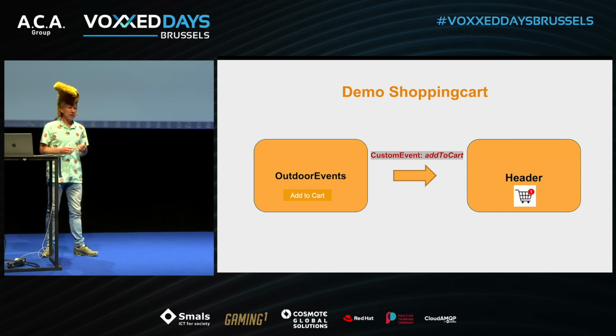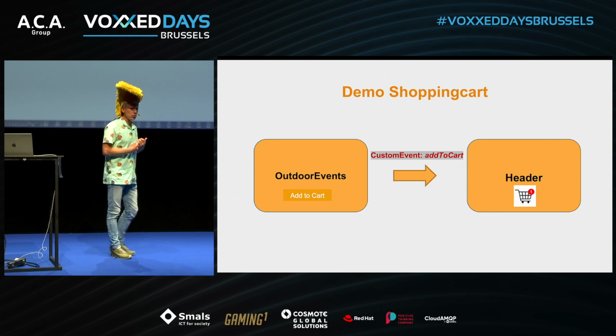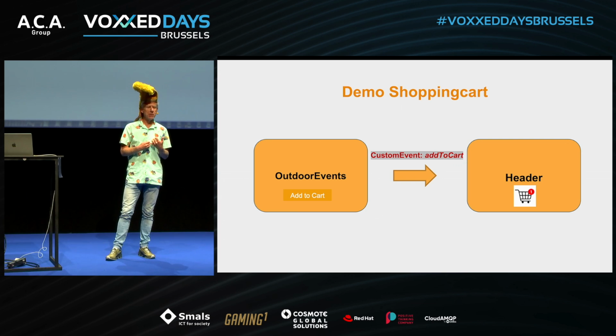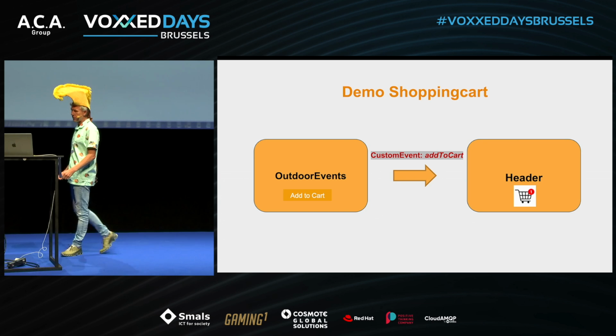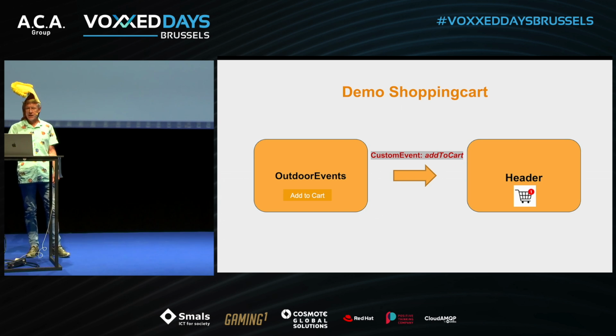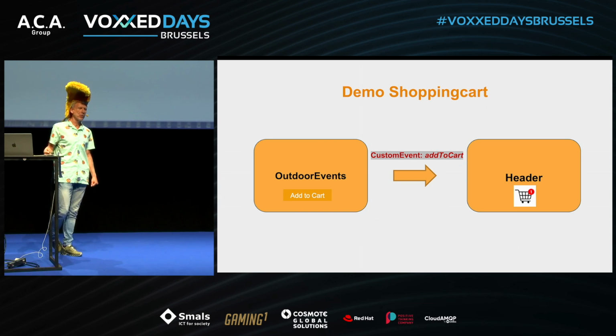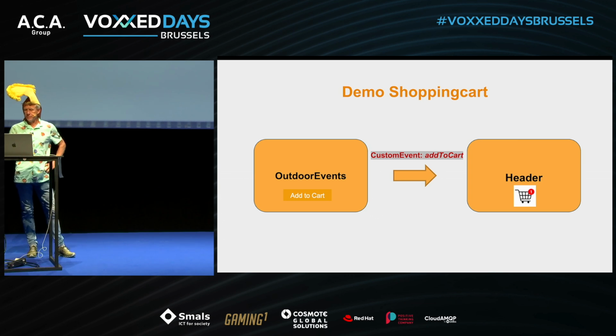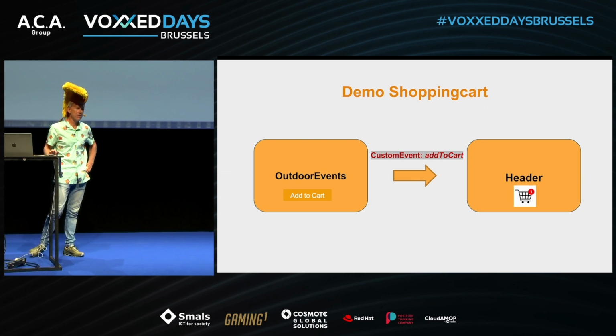I have a little demo about the shopping cart, where you can add something to the cart, and I communicate between the outdoor events micro frontend and also another micro frontend, the header, or I call it the layouts, which contains the header, and it listens to the add to cart custom event.